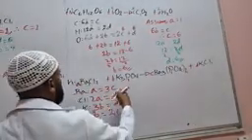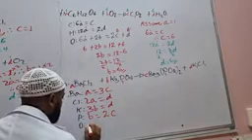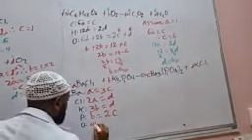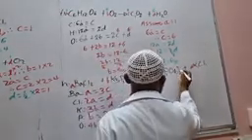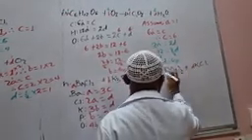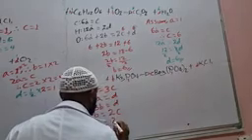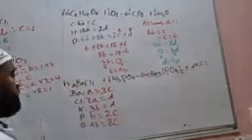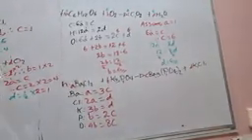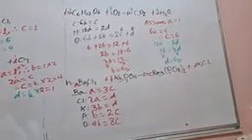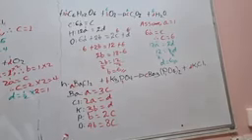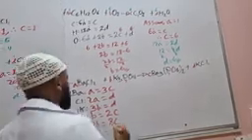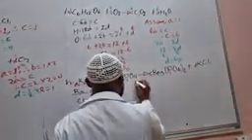Oxygen in the reactant is 4 times B, 4B. Oxygen in the product is 4 times 2, 8, times C, 8C.